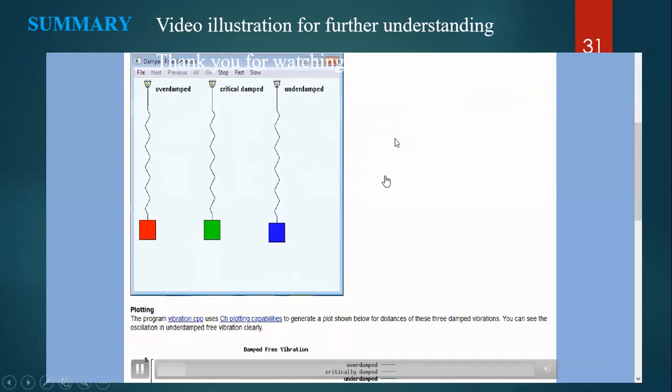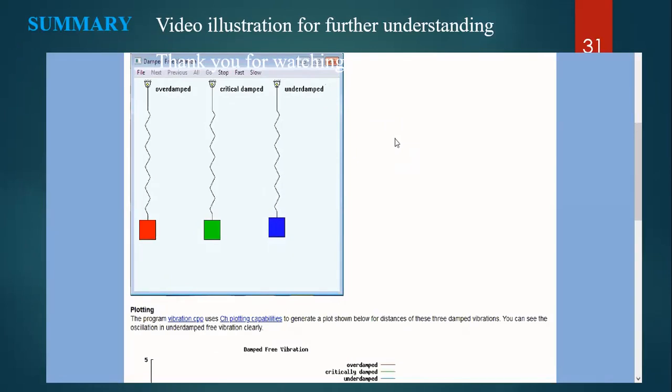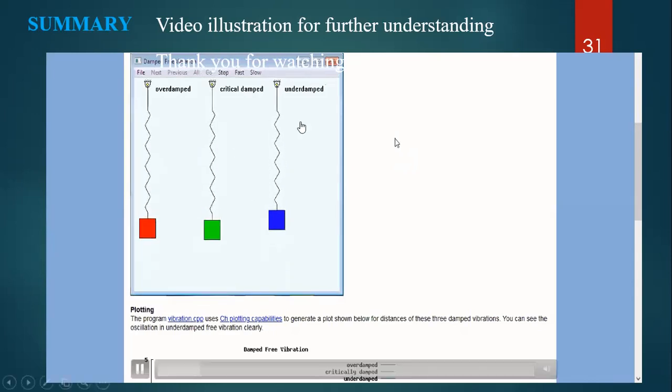So the system initially vibrates from its equilibrium position. Let's see how it starts. Yeah, this is the point, the equilibrium point. And then one of the systems is still vibrating. You see, it is still vibrating, since it is underdamped. And the 2 others stop immediately. They go at the very beginning to the maximum amplitude, and then they stop without vibrating.